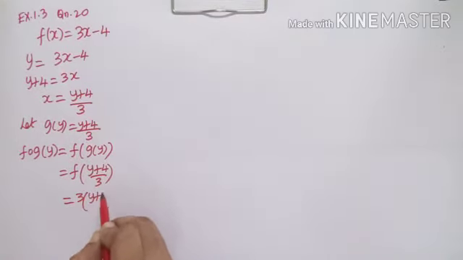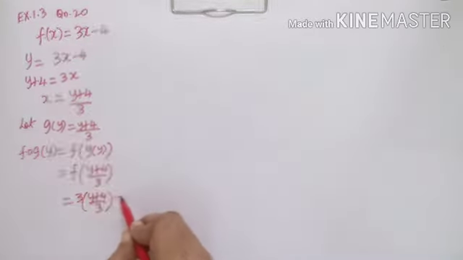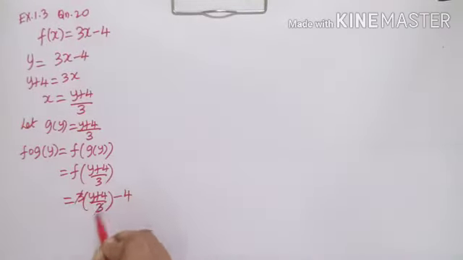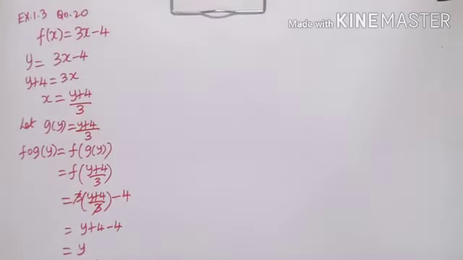So 3 into (y plus 4) by 3, in the place of x we put this, minus 4. 3 and 3 cancel. y plus 4 minus 4 cancels, leaving y. So I am able to show that f composition g of y is I of y, or f composition g is I.